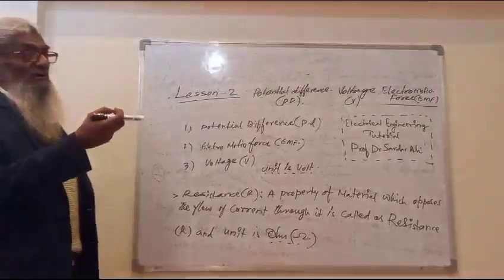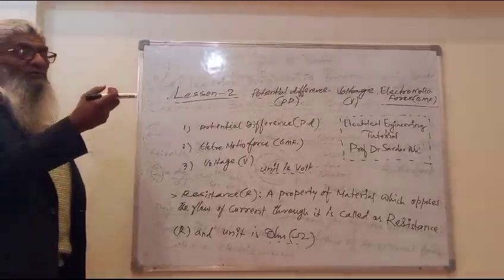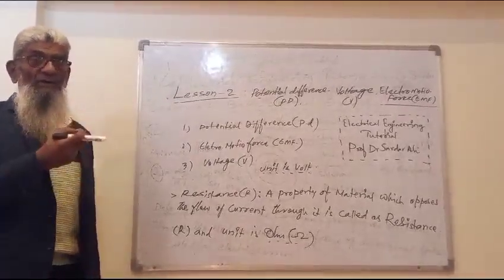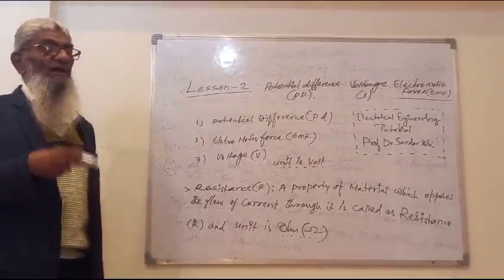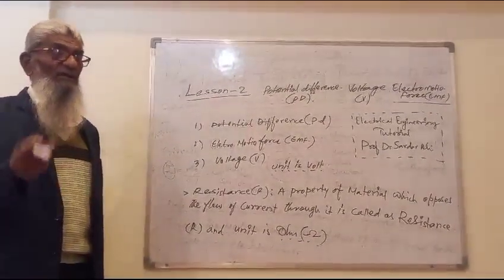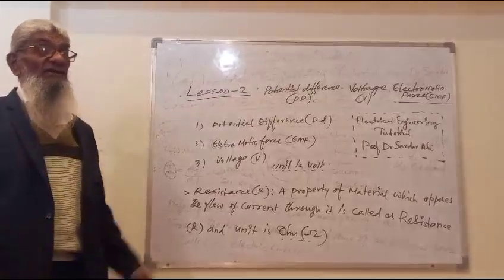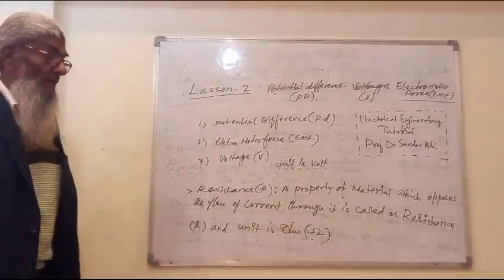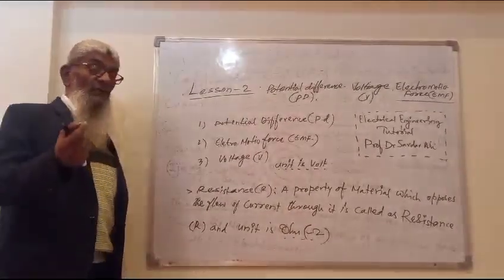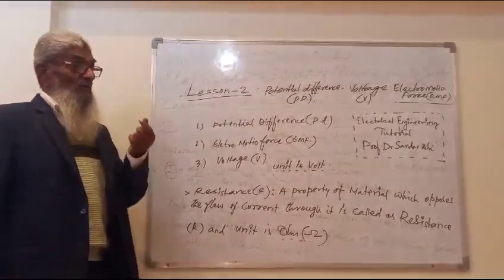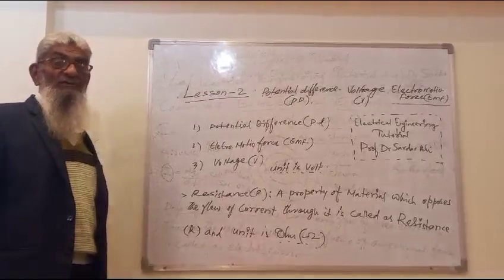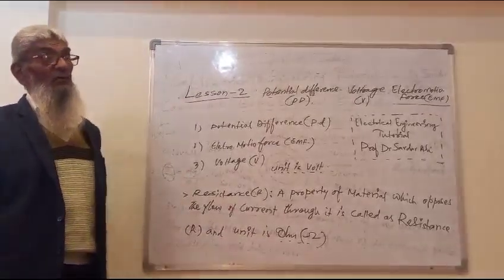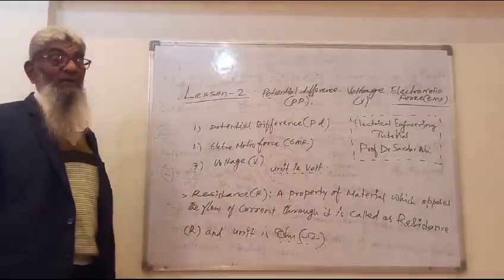It means the step-down transformer is working in that, reducing the voltage to 12 volt, then it goes towards the rectifier which converts it into DC, that DC reaches the telephone circuit. So that 3 volt or 1.5 volt will be the potential difference, whereas the 12 volt or 230 volt will be the electromotive force.